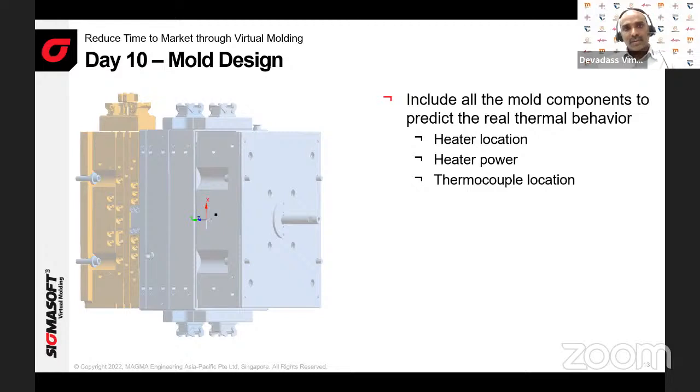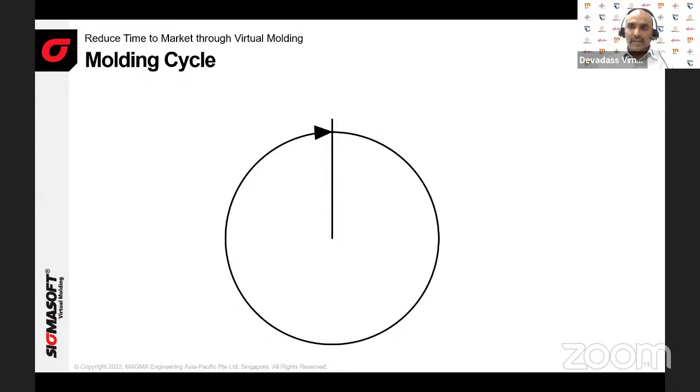All this information is necessary because it's meant for huge production. Designing the mold takes some time, at least 1 week. After that, we include the mold inside the simulation to find out the temperature distribution.